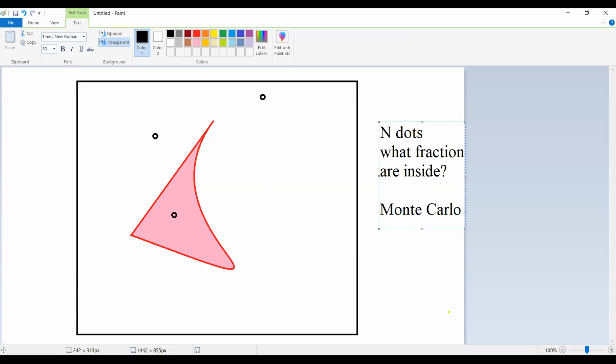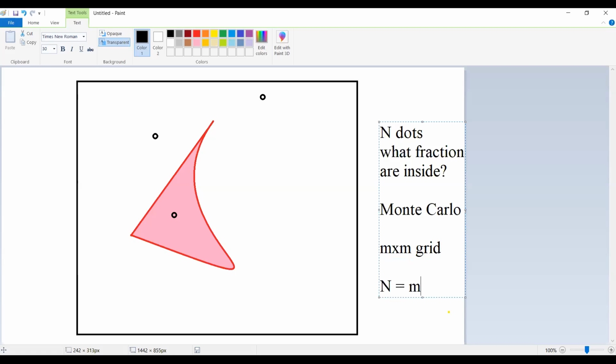Now the problem with this, of course, is maybe you're a little bit unlucky when you're throwing down the dots. So what might you use to try to minimize danger? To use a finer and finer grid of dots. So you might use a lattice. You might choose, say, the integer lattice, and in that way, everything is going to be a uniform spacing. The problem is, what if you choose to do an m by m grid?